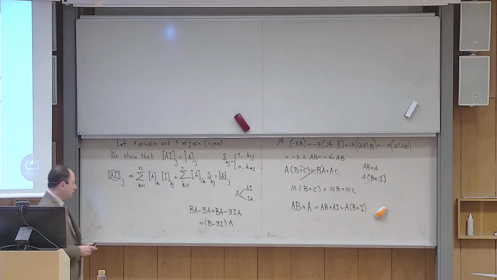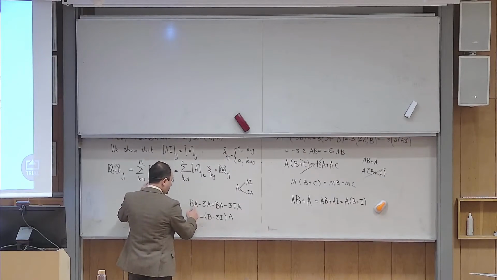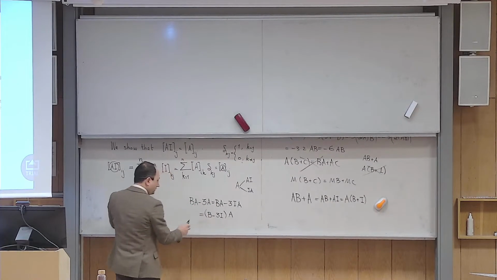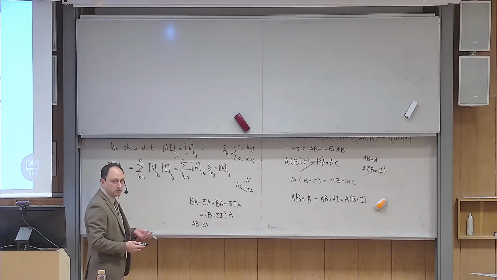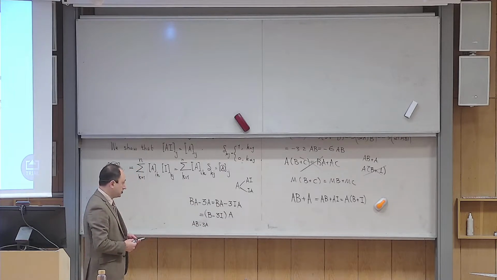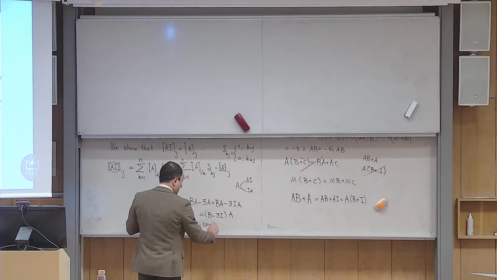Okay, so I have written one more example exactly below it. Instead of having BA minus 3A, I want you to feel the difference. I have written AB minus 3A. Can I still factor A out in this problem? Yes, but I have to respect the direction.